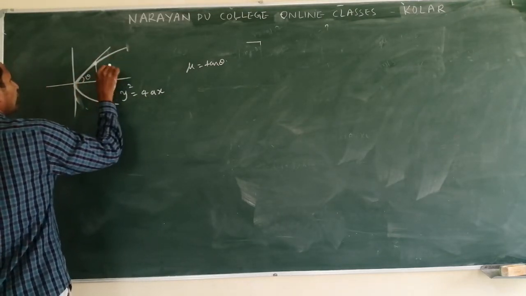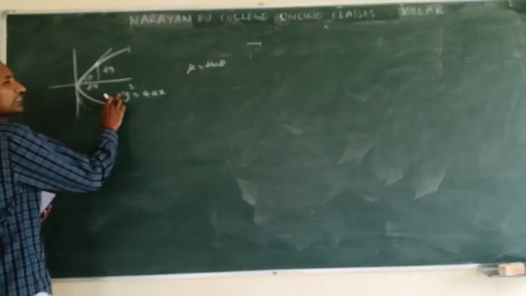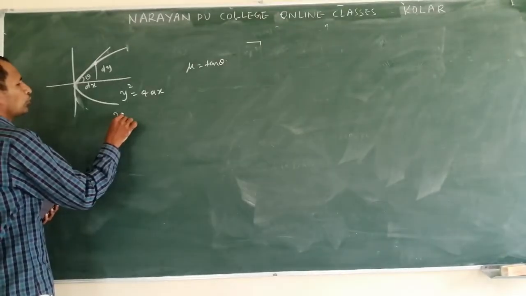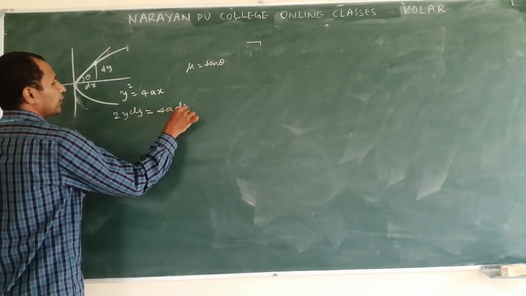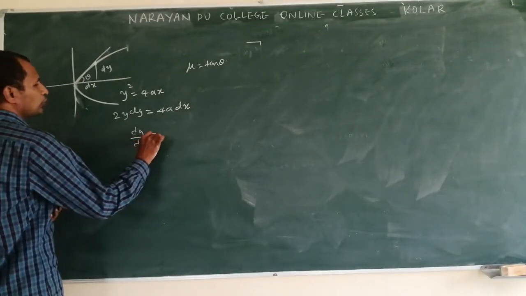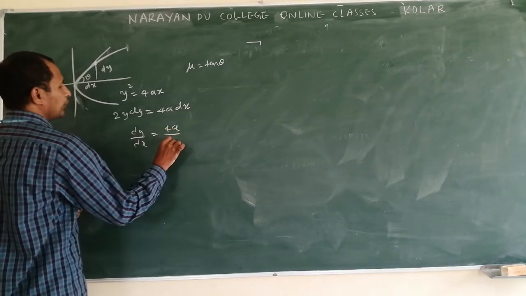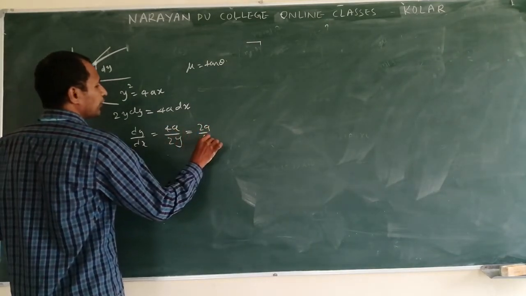This is dy and this is dx. How do you get it? Differentiate this equation: 2y dy is equal to 4a dx. So dy by dx is equal to what? 4a by 2y, which is equal to 2a by y.